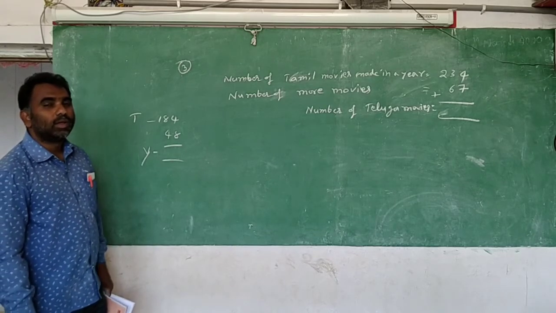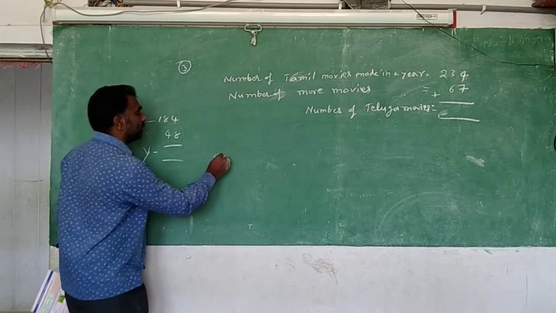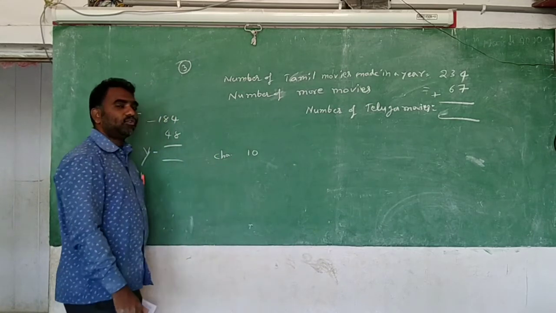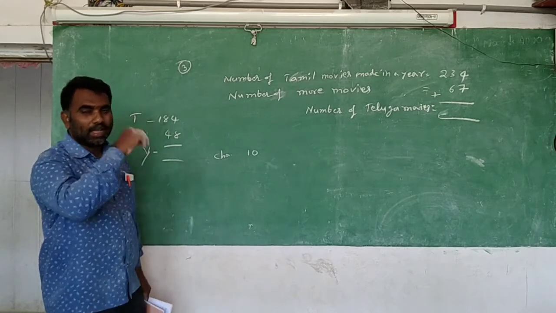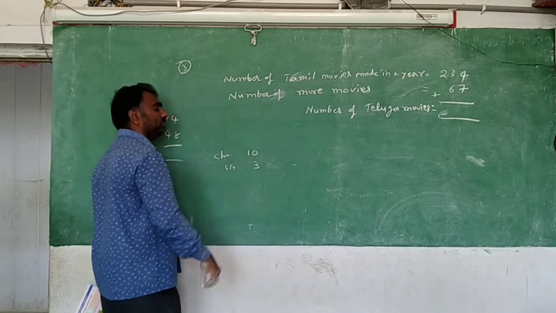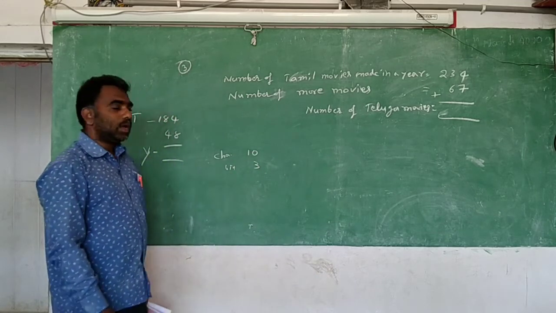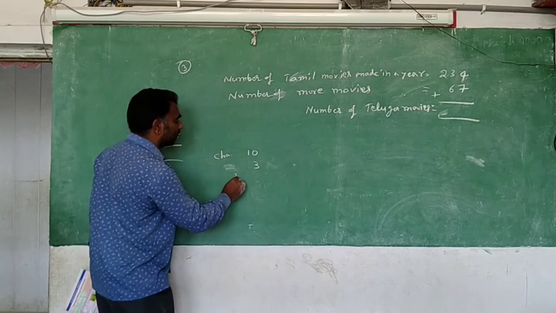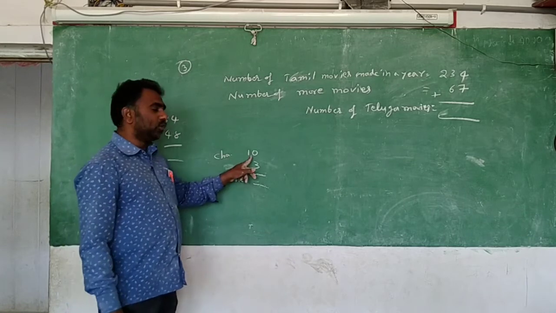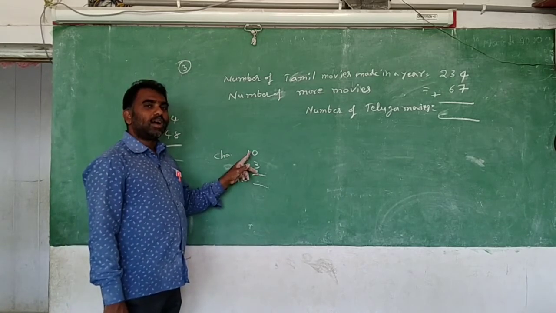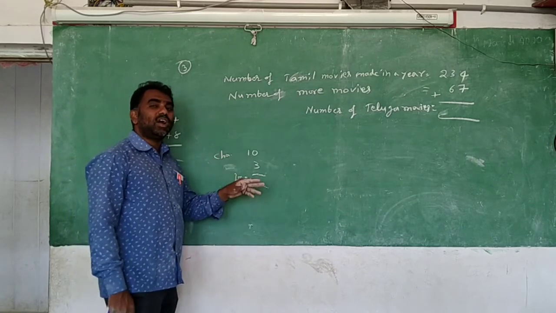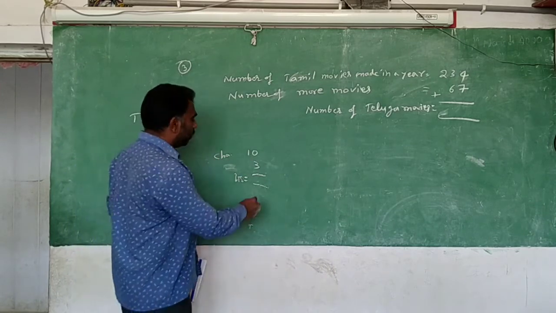One example I will ask you. Say. Cost of chocolate is 10 rupees. Cost of biscuit is 3 rupees less than this. Means what is the biscuit cost? Very good, 7 rupees.